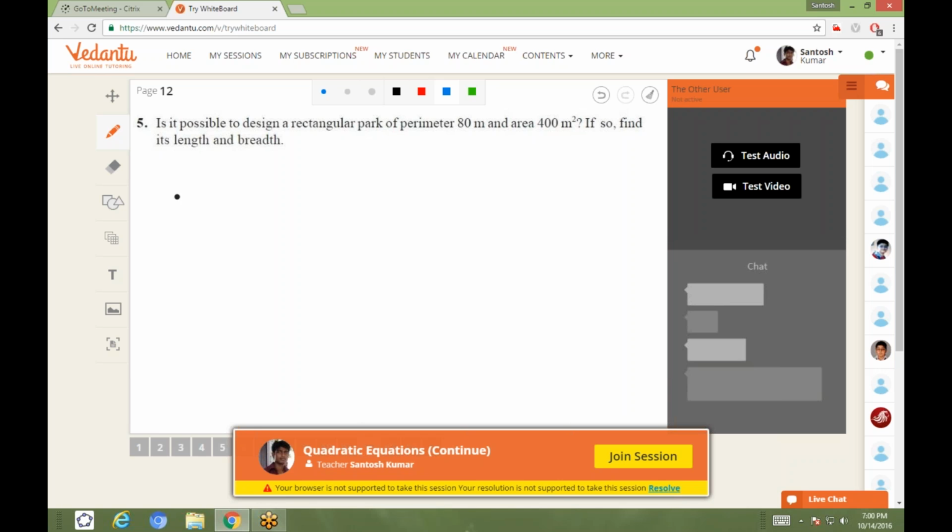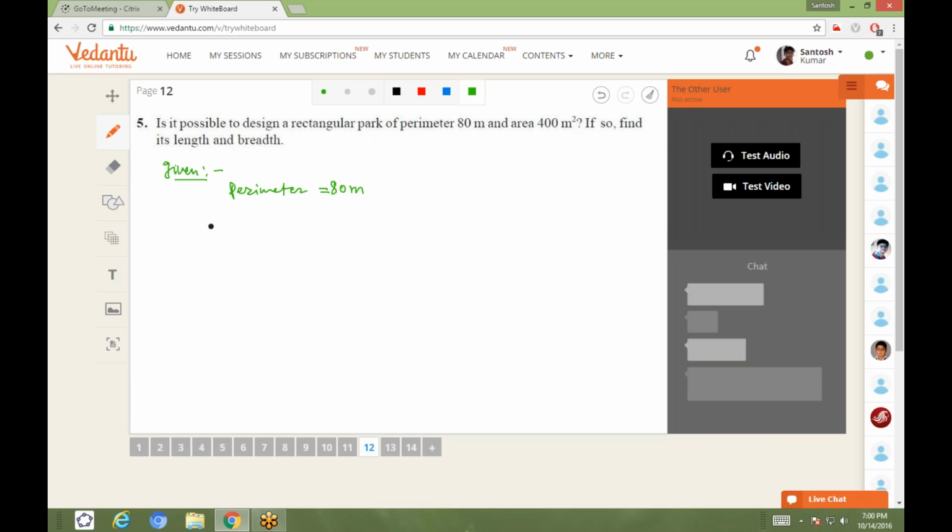It is given that the perimeter of a rectangular park is equal to 80 meters. So first we will write the given: perimeter of a rectangular park is 80 meters. The formula of perimeter is 2(L plus B) equal to 80. If we assume the length of the park as L and breadth as B, it will be twice of (L plus B) as 80.